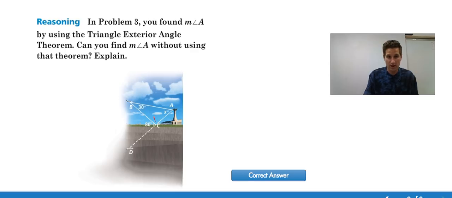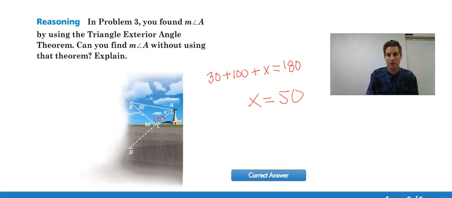So this would be 100 in here. And then I could say 30 plus 100 plus x would equal 180. And that would be using our triangle angle sum theorem. And so that would be 130, subtract, we can do this in our head, that's 50 degrees.